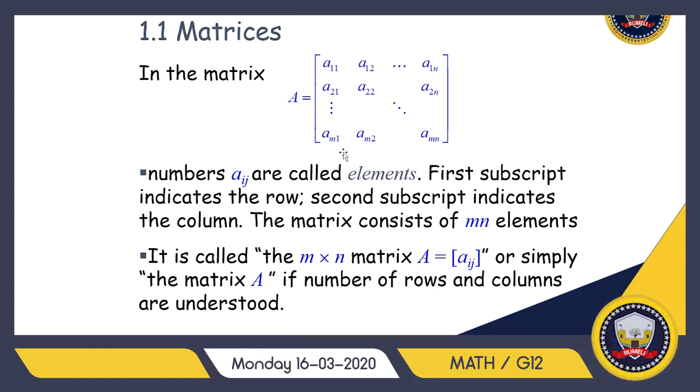So this matrix consists of m multiplied by n elements. It's called an m by n matrix, or simply the matrix A if the number of rows and columns are understood from the matrix.